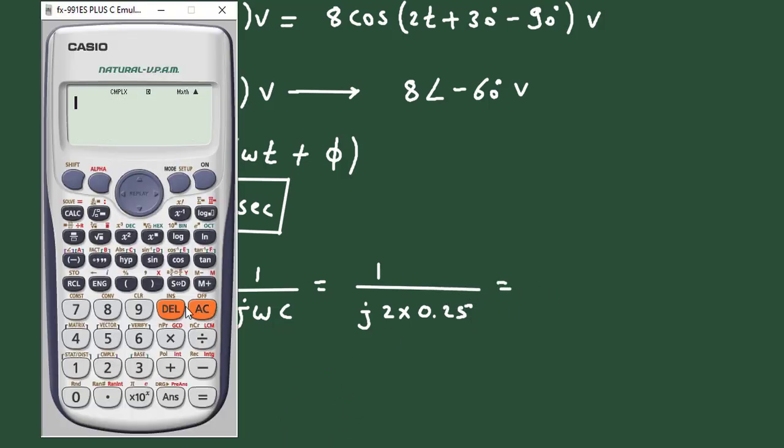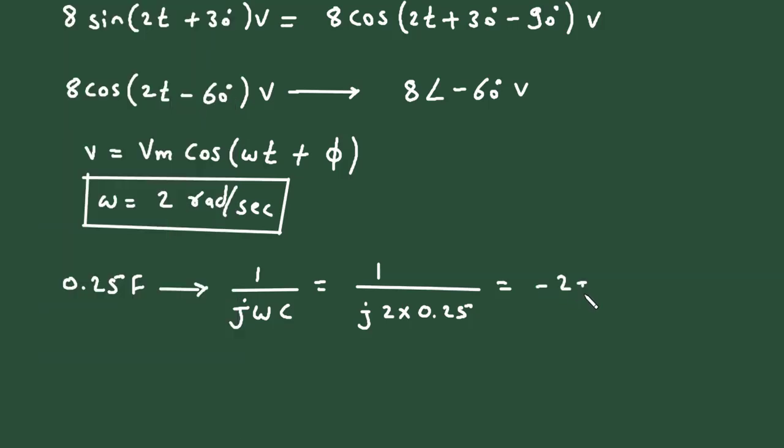If we solve this, it will be 1 upon j into 2 into 0.25, it is minus 2j ohm.